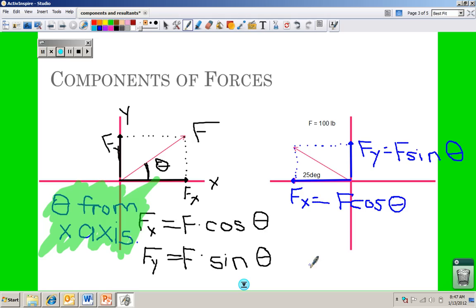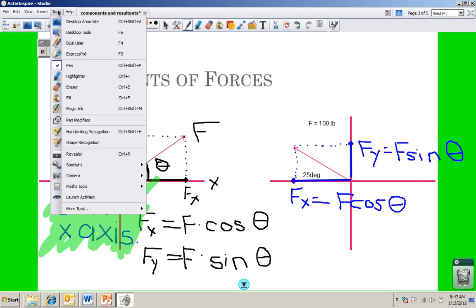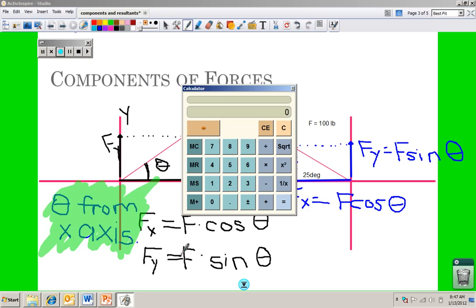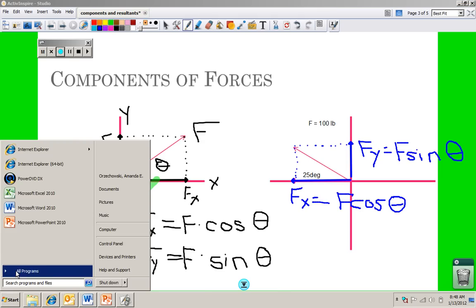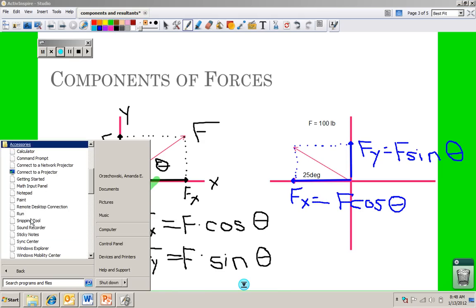Alright, so let's calculate that, okay? And, oh shoot, this calculator doesn't have trig functions. Let me get a calculator from the accessories.